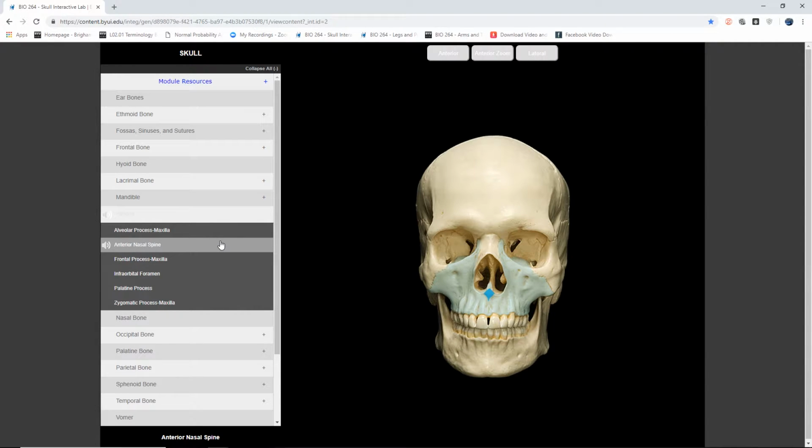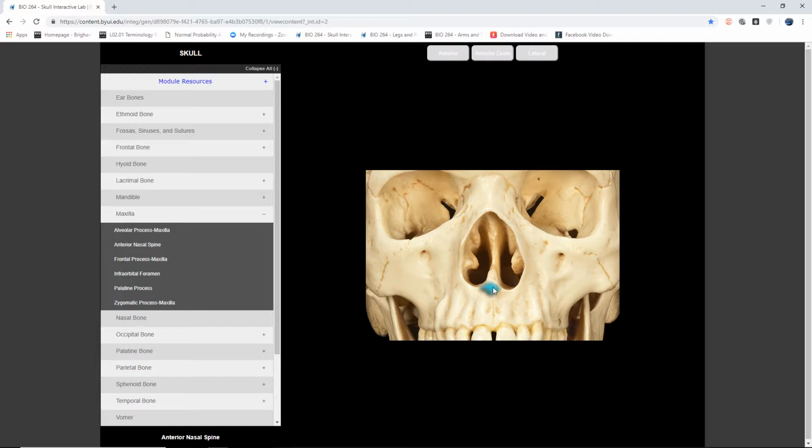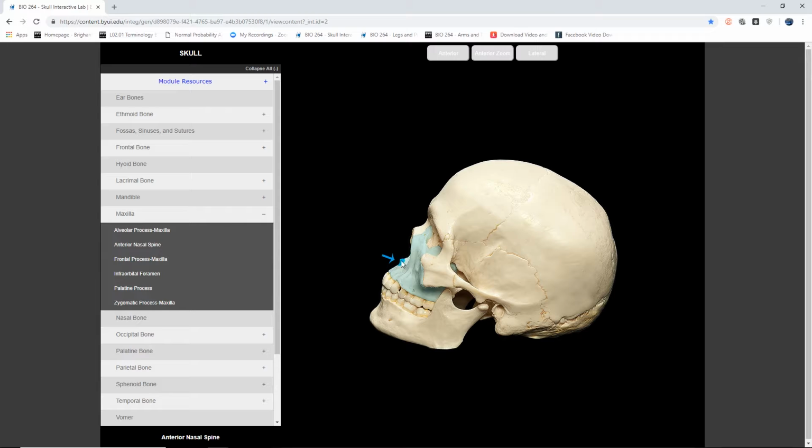Now we have the anterior nasal spine. So the anterior nasal spine is obviously this little piece right here that's highlighted, and it's in the front, which is anterior. It's under the nose, and spine right there.